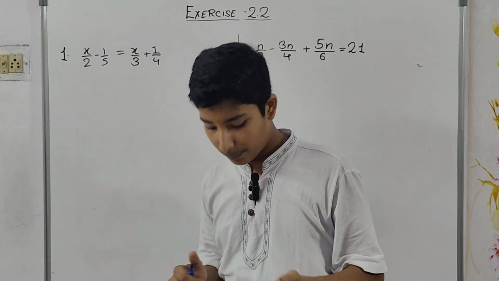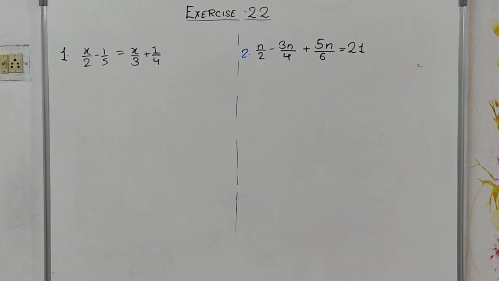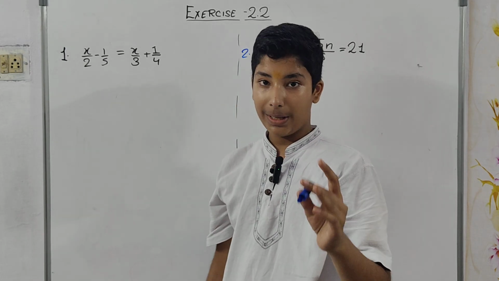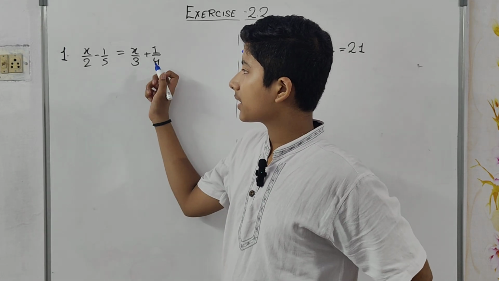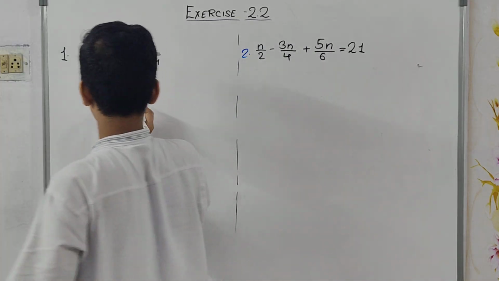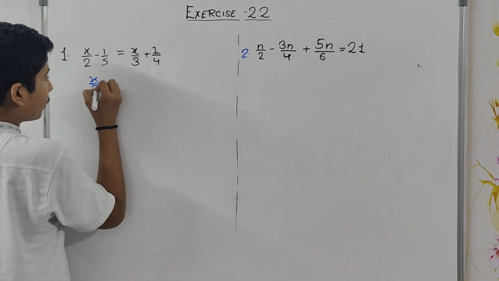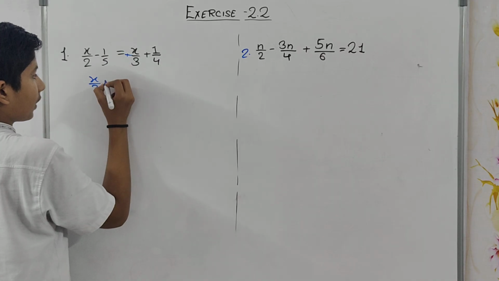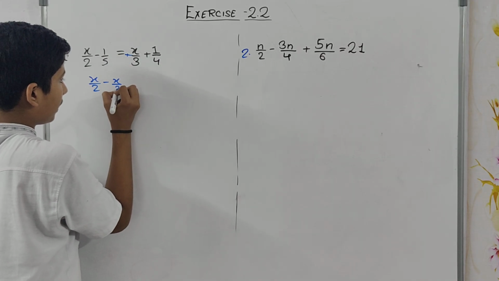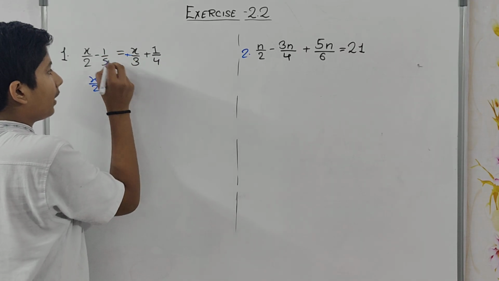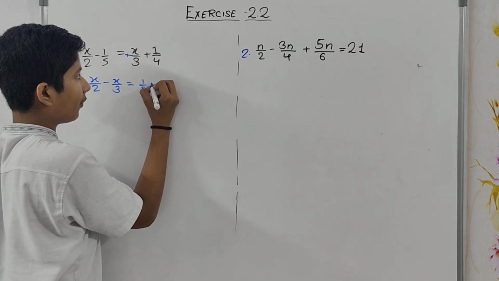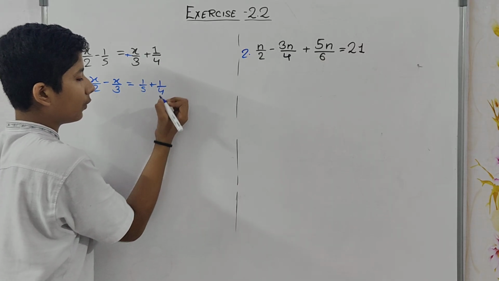Our basic method to solve is firstly we keep x on one side and constants on the other side. So x by 2, and here it was plus, so it will go and become minus x by 3 equals, here it was minus, so it will become plus 1 by 5 plus 1 by 4.